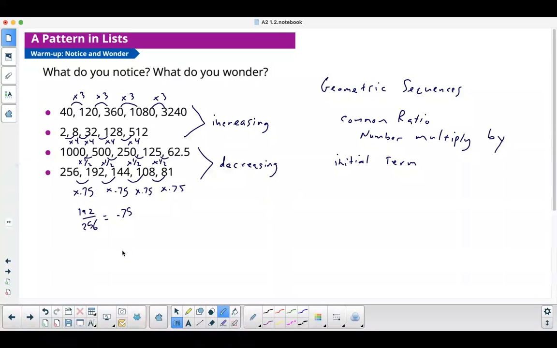If I look here, my initial term, I'll use a highlighter, is 4, 2, 1, 256. And my common ratio, I'll use yellow here, is what you multiply by each time.